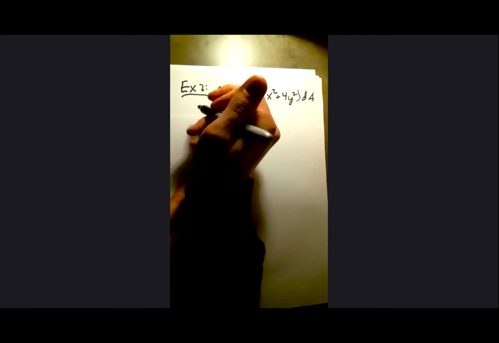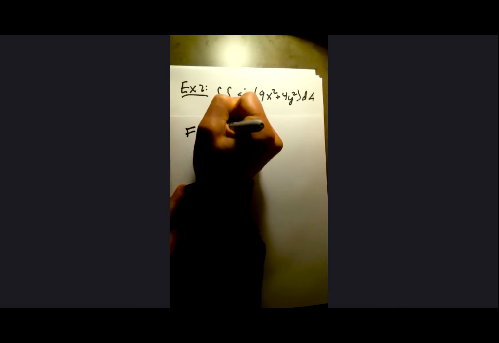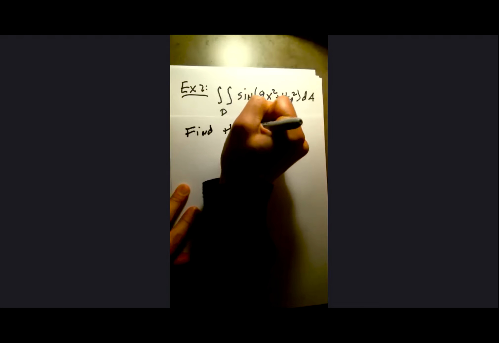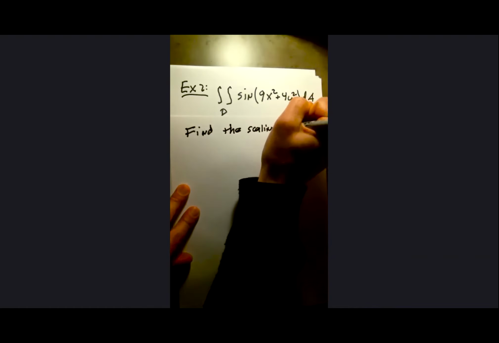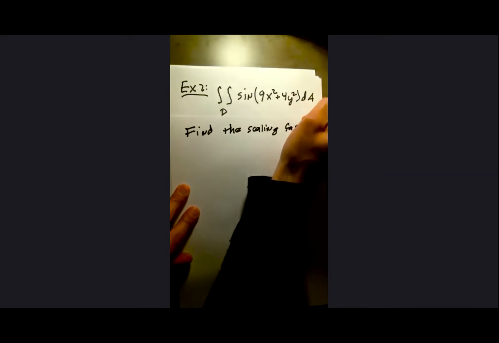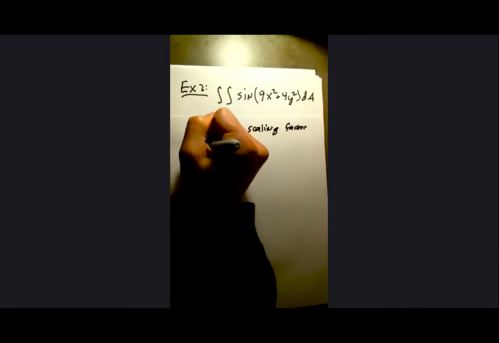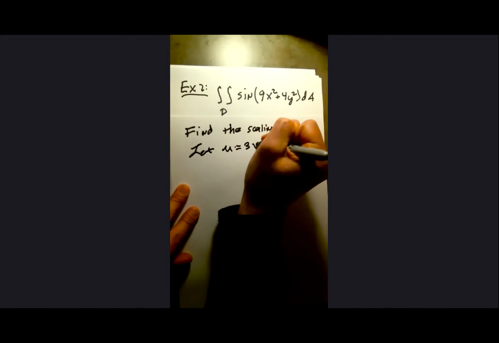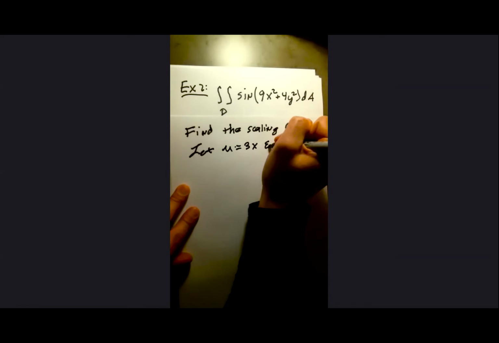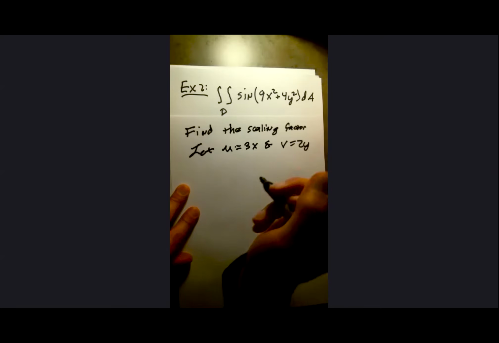So we want to find the scaling factor. We have that u was equal to 3x and v was equal to 2y.